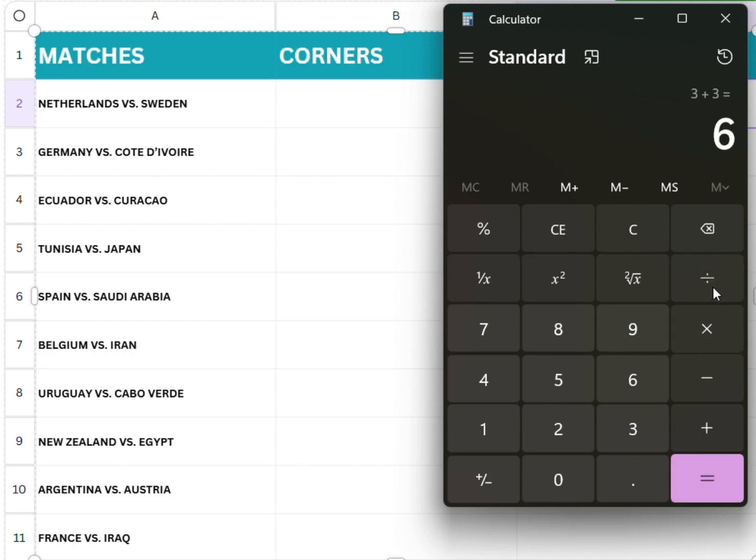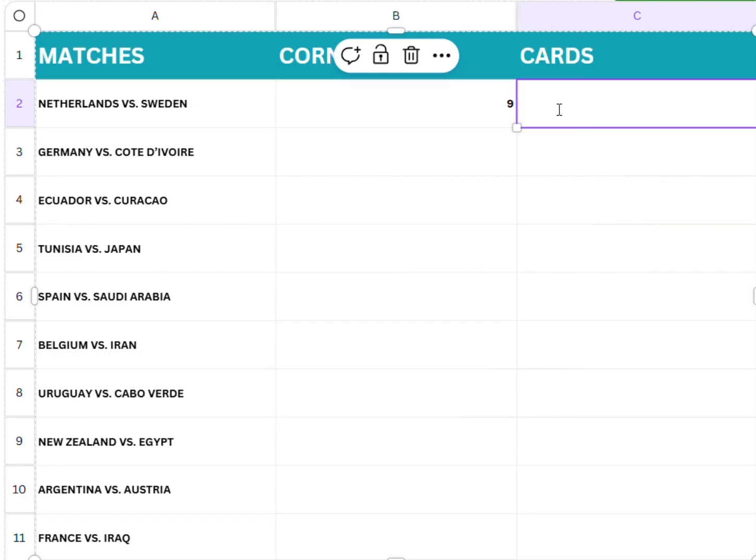So 3 plus 3 is 6, and dividing that by 2, this is the same 3. So we're expecting about 3 cards in the Netherlands versus Sweden match. At least 3 cards.